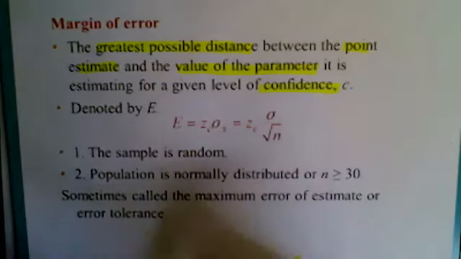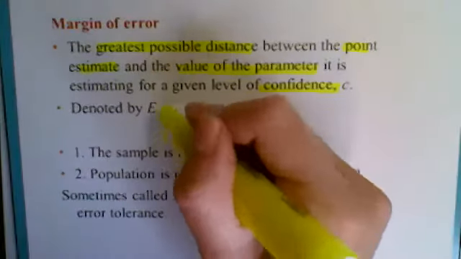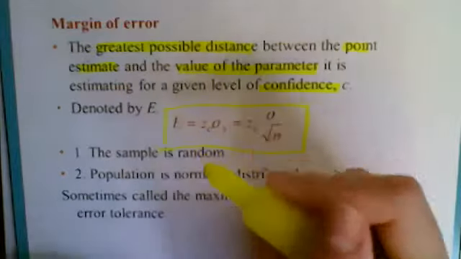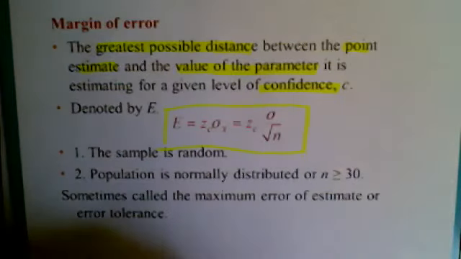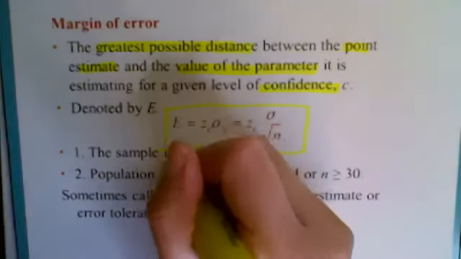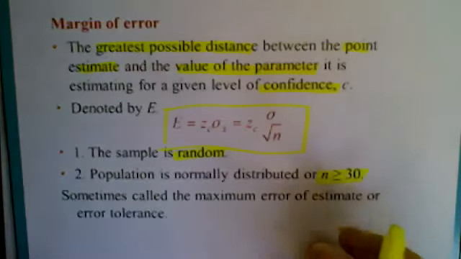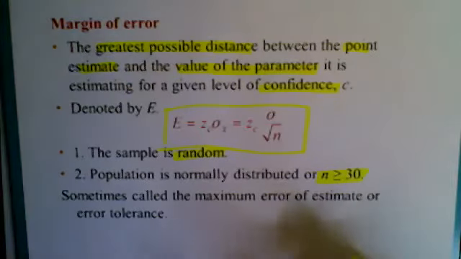Okay, so it's going to vary depending on what level of confidence that we're actually looking at. If we're looking at 90% versus 95% versus 99%, it's going to be different, okay? Things to keep in mind, your sample has to be random. And for this to work, you need to have a sample of at least 30 or greater, okay?